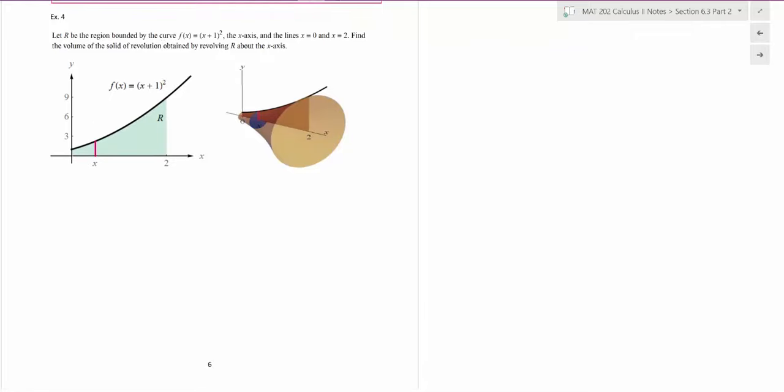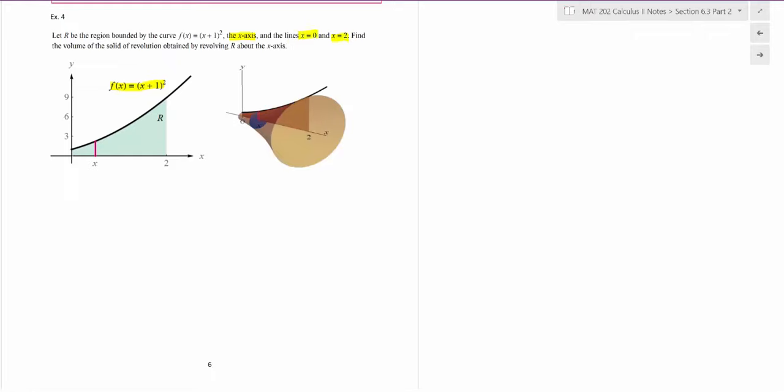I've drawn a nice picture on this. So step 1, we do have a continuous function, and this problem says we're going to be bound by a curve. We have this function, which is a quadratic. And we're also bounded by the x-axis and the lines x equals 0 and x equals 2.